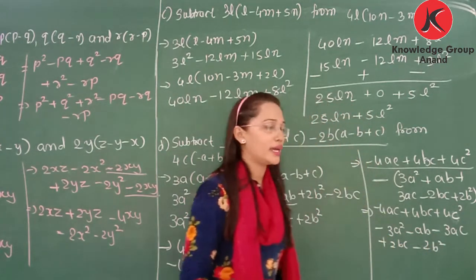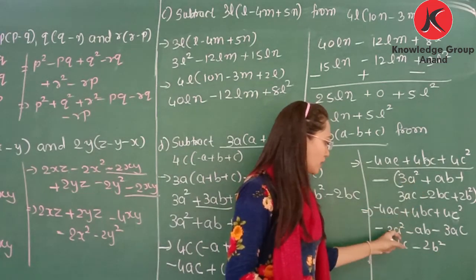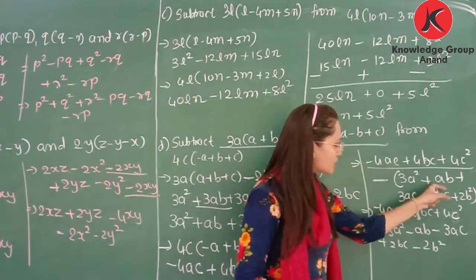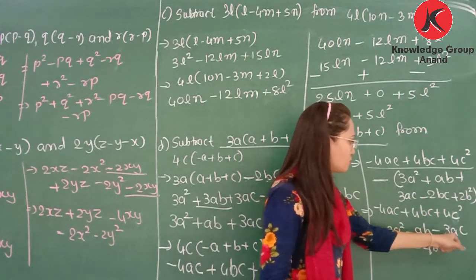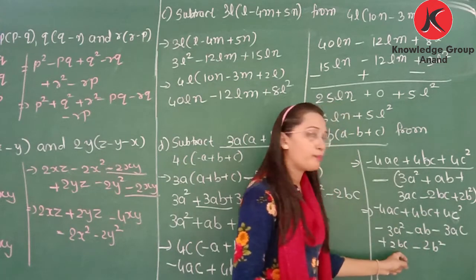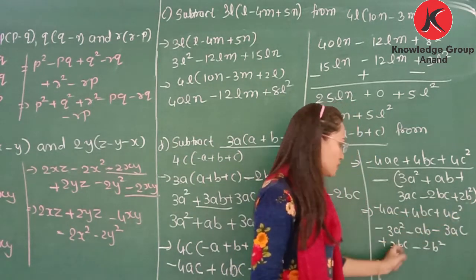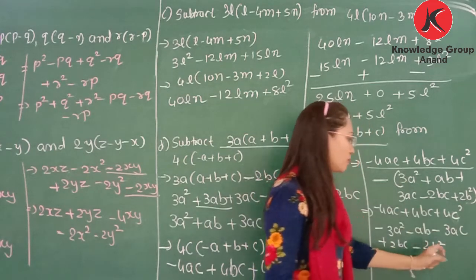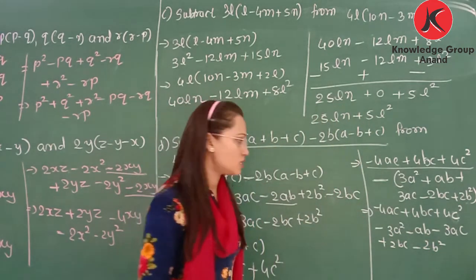Here all signs of the second expression are changed. Plus 3a square becomes minus 3a square, plus ab becomes minus ab, plus 3ac becomes minus 3ac, minus 2bc becomes plus 2bc, and plus 2b square becomes minus 2b square.